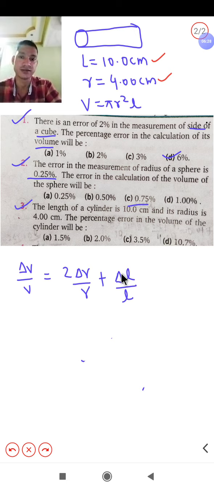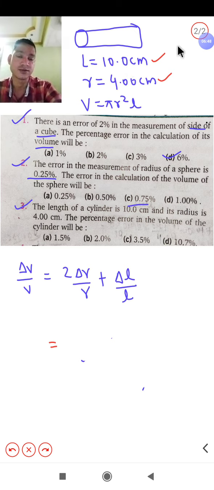This is not given. So how to solve this numerical further? Already I have explained that you need to know which instrument was used to measure the length. As you can see, up to one decimal point we have got the answer. It means a centimeter scale was used to measure the length.